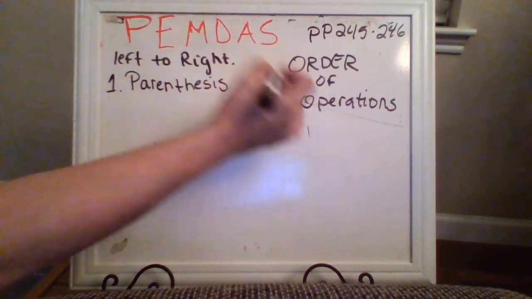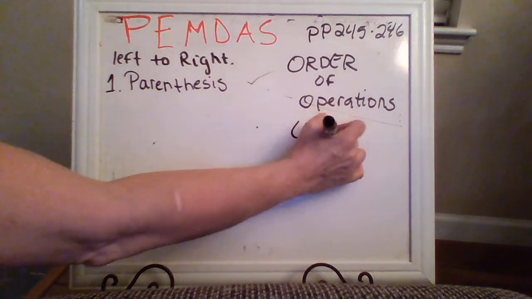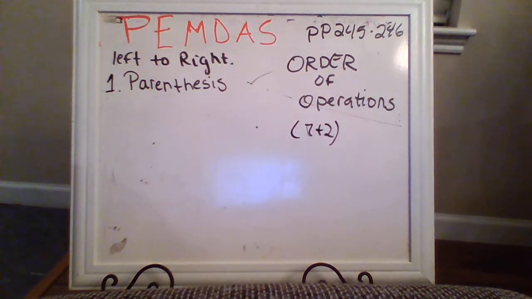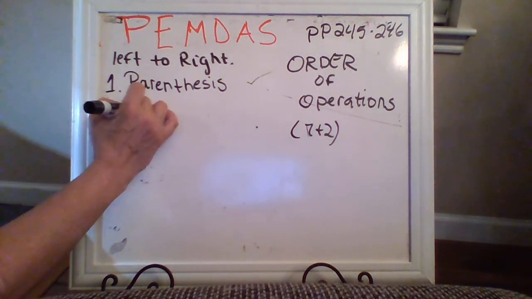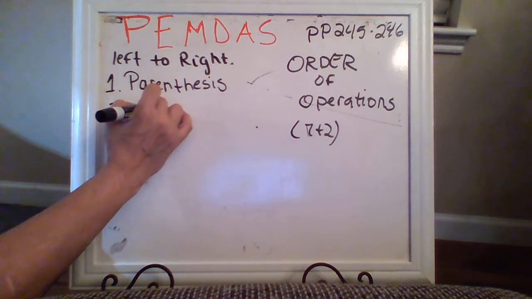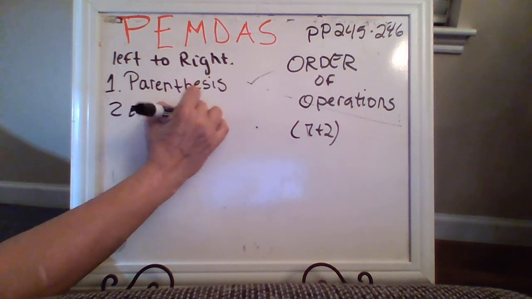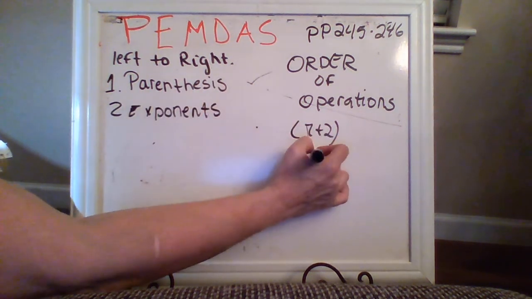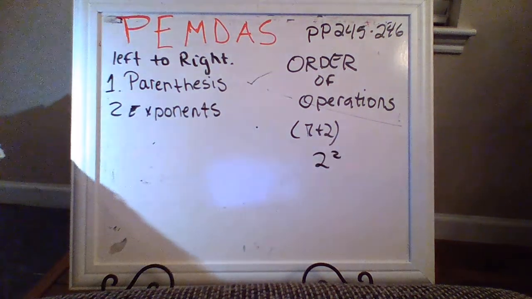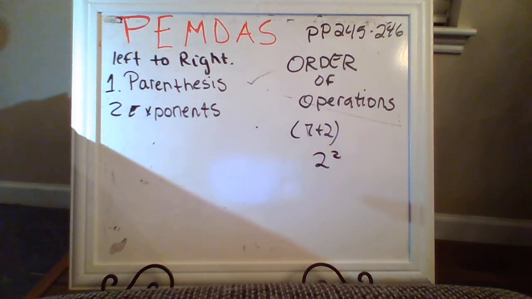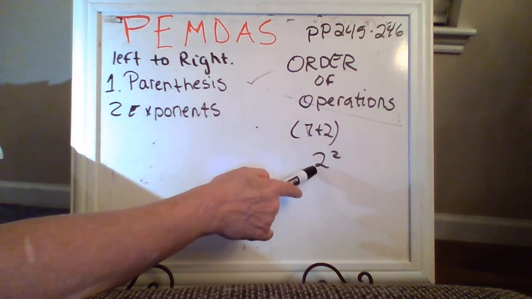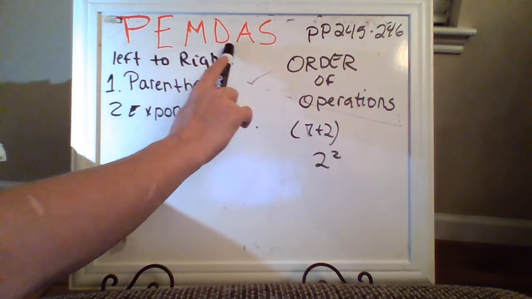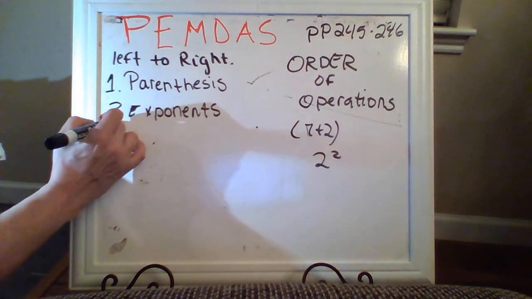You have to do the 7 plus 2 first because it is inside of parentheses. The next step is exponents, E for exponents, and that would be like 2 squared. When you're looking at problem 1C, it has a 2 squared in it. You have to work out any exponents before you can multiply, divide, add, or subtract.